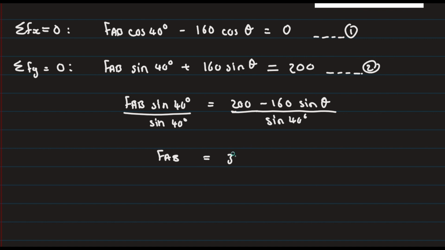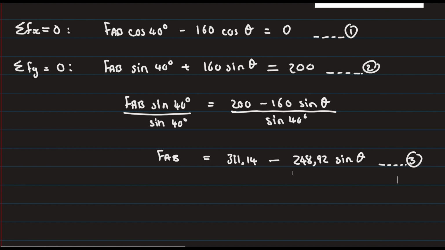That gives us 311.14, minus 160 divided by sine 40 degrees, so we have 248.92 sine of theta. And now we have this as our equation 3.